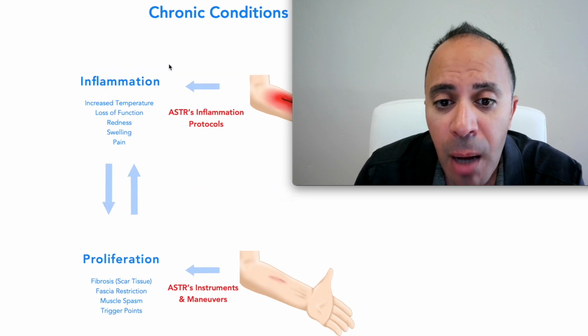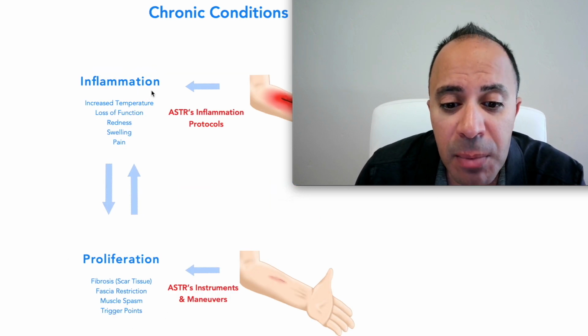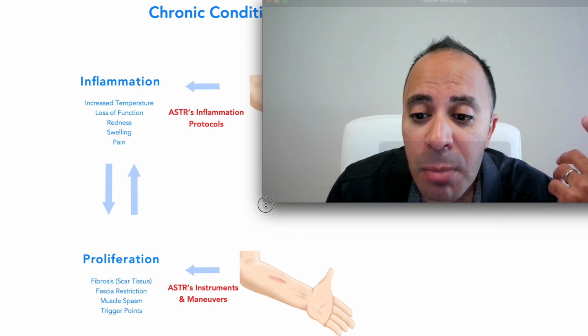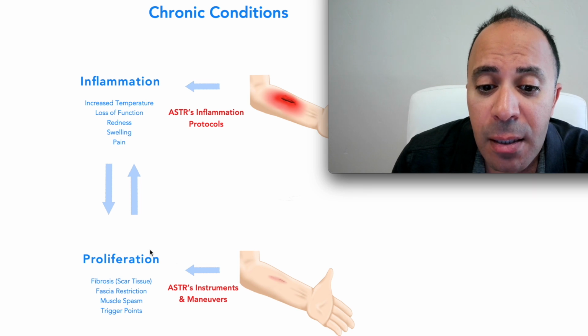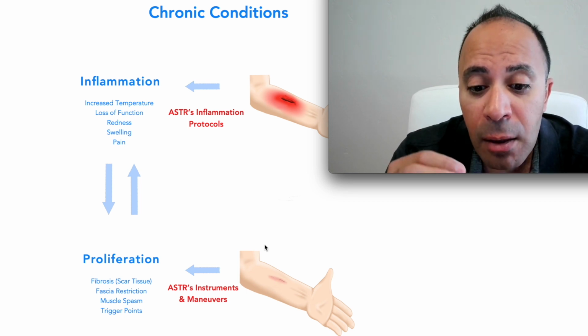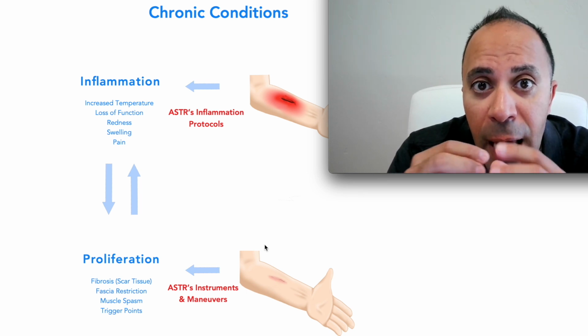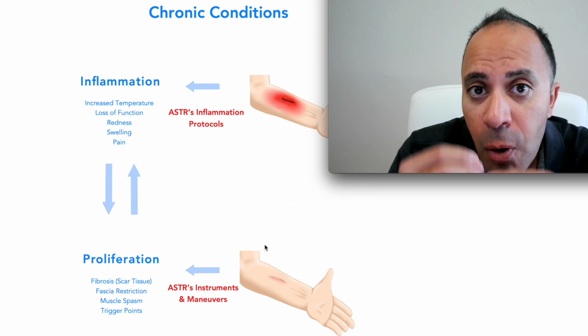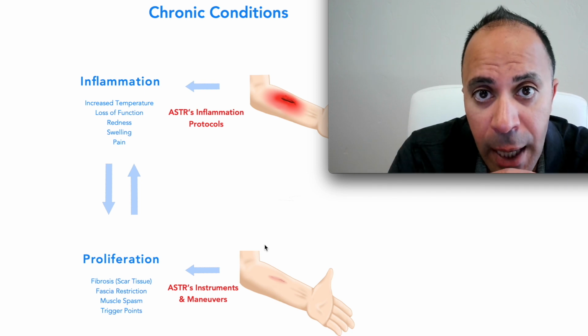So your body is probably going back and forth between inflammation and proliferation. I have seen in the clinic some patients with sciatica stuck in the proliferation stage, especially if they have piriformis syndrome, with a lot of scar tissue or trigger points in the piriformis muscle that cause a muscle spasm and cause compression on the sciatic nerve.